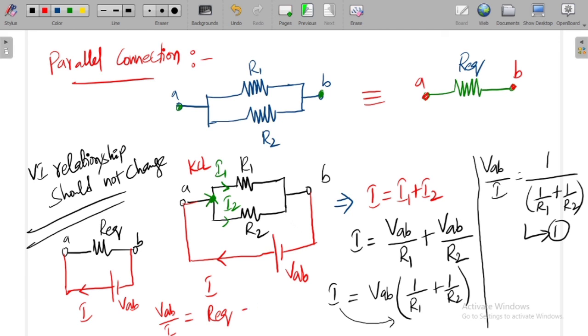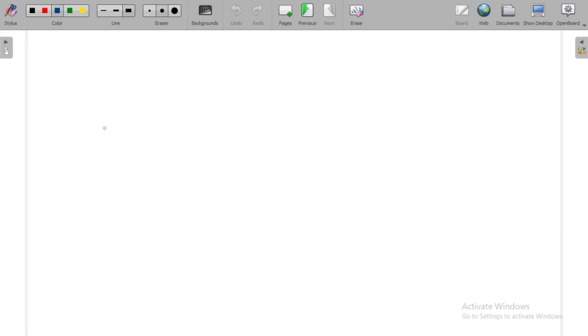How did I get this? By applying Ohm's law to the second circuit, I got R equivalent as VAB by I. Now I need to equate equations 1 and 2, because as the LHS values of these two equations are equal, we need to equate the RHS terms.